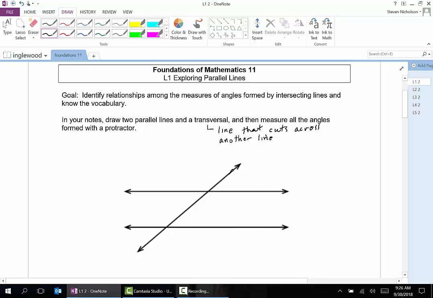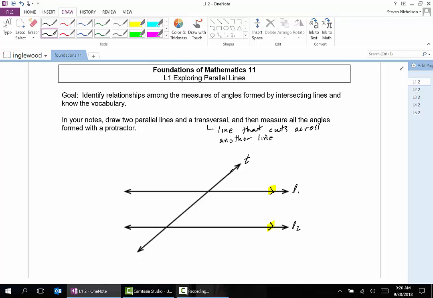So this is our transversal right here, and I'll just call it little t. Now, these two lines, I'll call them L1, L2, they are parallel. And here are the little symbols for parallel. If you ever see them in future notes or in the textbook, these little arrows, that means parallel.